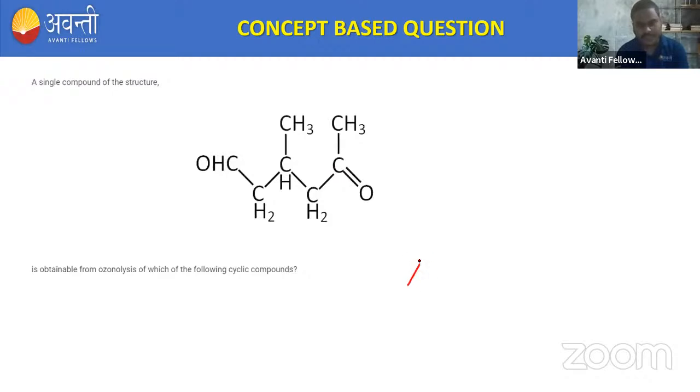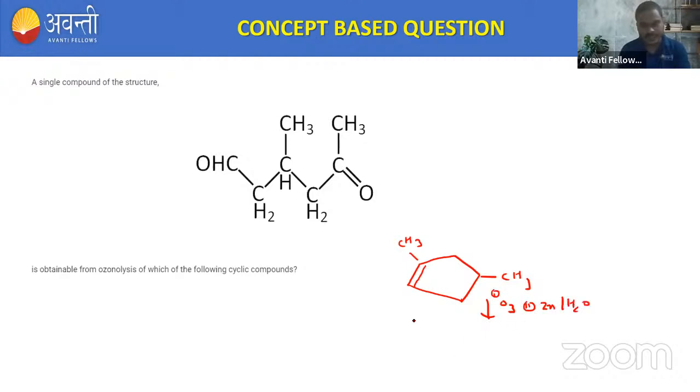If you do ozonolysis, right? If you ozonize this, that is CH3. Here we again have a CH3. So if you ozonize this, then you will get this product, right? How? Because this is treated with O3 in the first step, and in the second step you are treating with zinc and H2O.